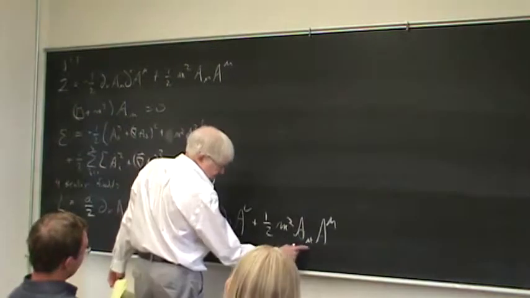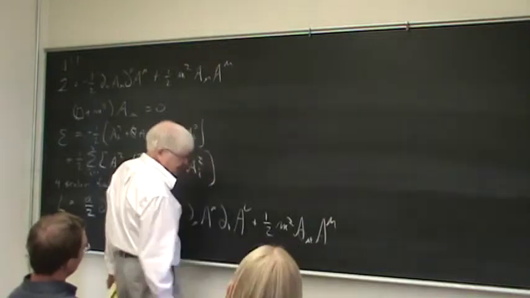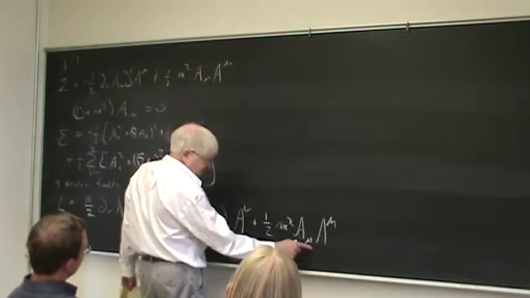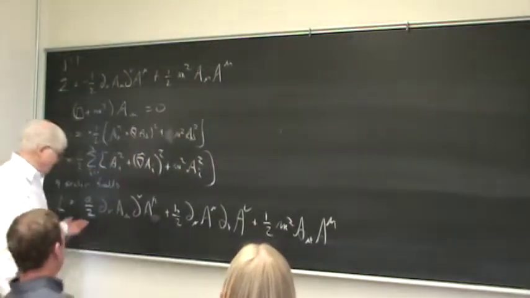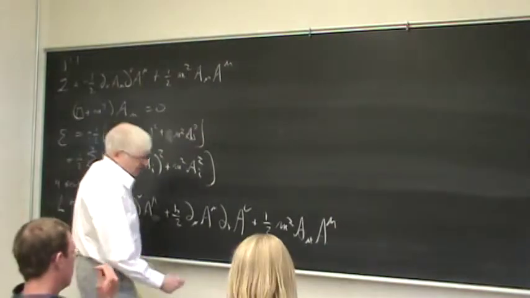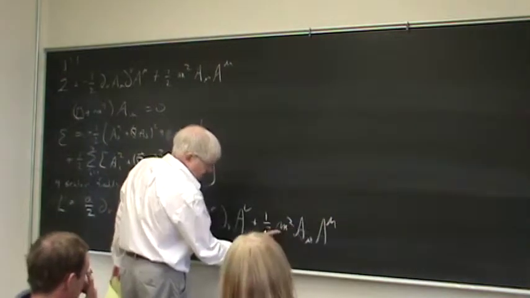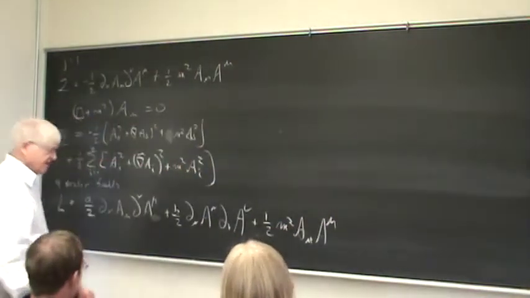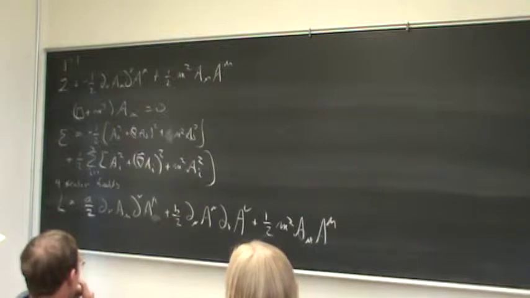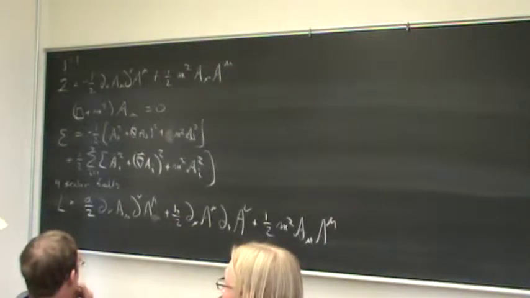Also, you can see that there's a potential difficulty here, because for the space components we have a negative term, which is good for the potential energy in an action. But for the mu equals 0 term, we've got a problem, namely the action density is positive, and we want that to be negative. All right, well, let's see what happens.